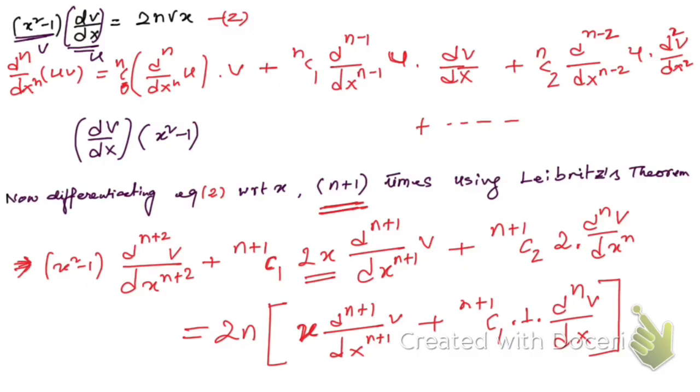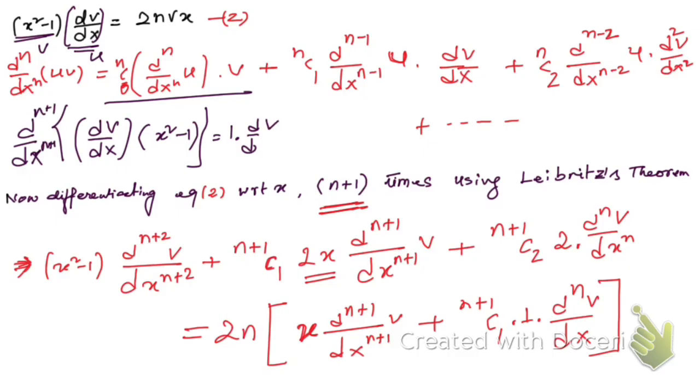Now according to this formula, the first term should be nC0, that's going to be equal to 1. Simply let me write 1 into, here we are differentiating n plus 1 times, right? So we need to differentiate it n plus 1 times.